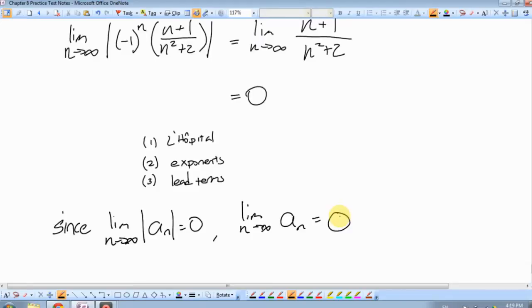Two things can happen here. If you get a 0 here, then this limit is 0. If you get anything else, 1, 2, infinity, -5, then the sequence diverges. Got it? Yes.